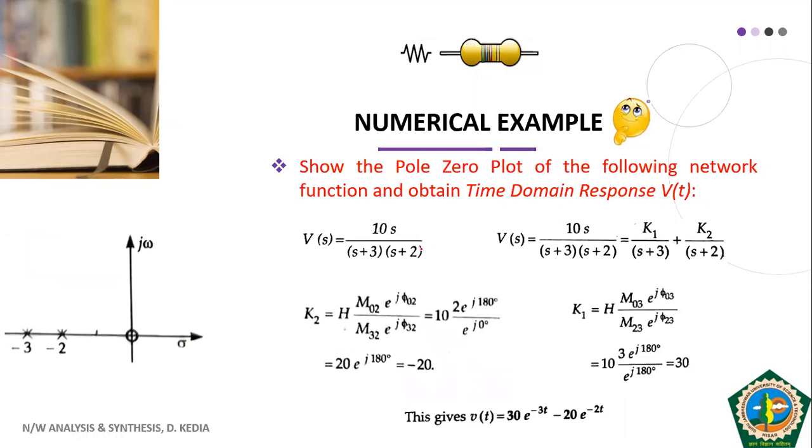So this is the example. We have been given a network function V(s) equal to 10s divided by (s+3)(s+2). So we have two poles and one zero, and this 10 is a constant. I told you we will obtain poles and zeros first, so no need to factorize. This is straightforward.